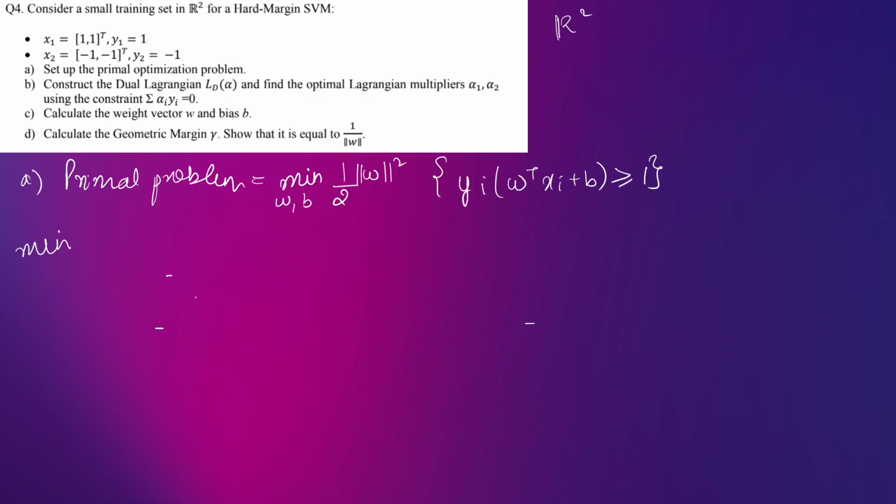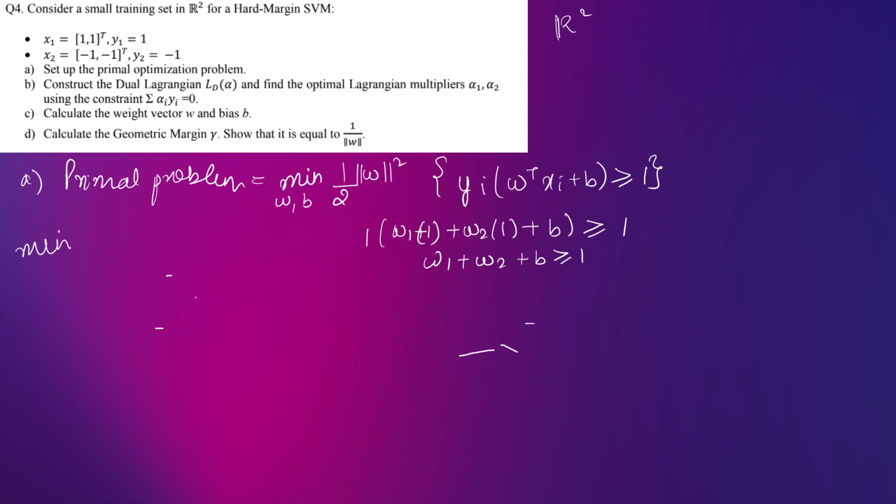So now, when you take your x1 and y1, just see what I'm putting. You put w1 into x1, 1, plus w2 into x2 plus b is greater than equal to 1. I hope this would be easy. So you get w1 plus w2 plus b is greater than equal to 1.